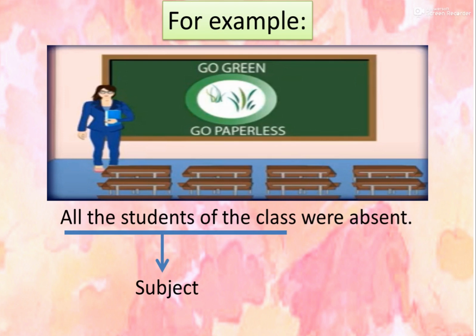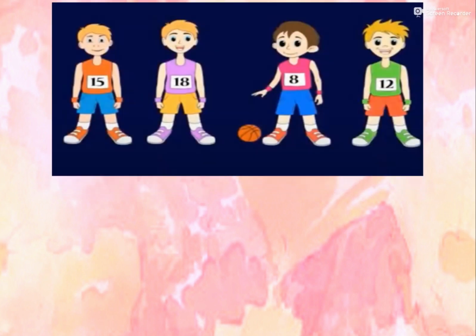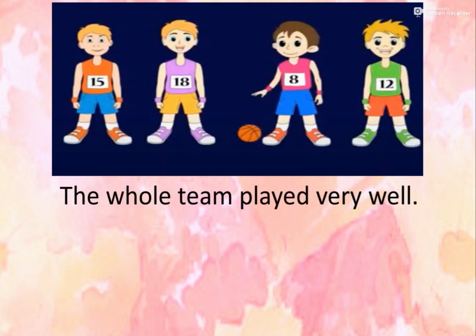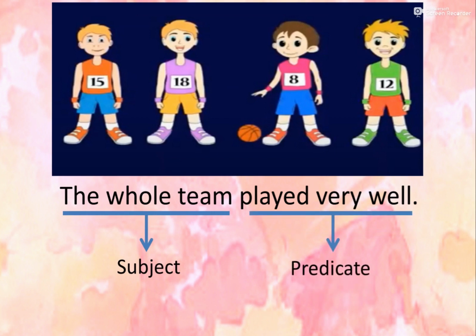So, here "all the students of the class" is the subject, while "were absent" is the predicate. Let's see another example. "The whole team played well." What are we talking about? Yes, we are talking about the whole team. So here "the whole team" is the subject, while "played very well" is the predicate, as it is giving us information about the subject.